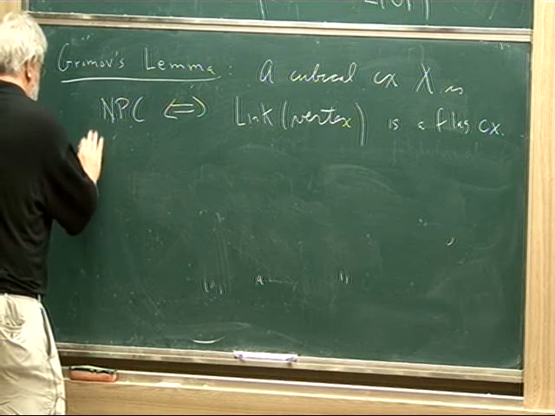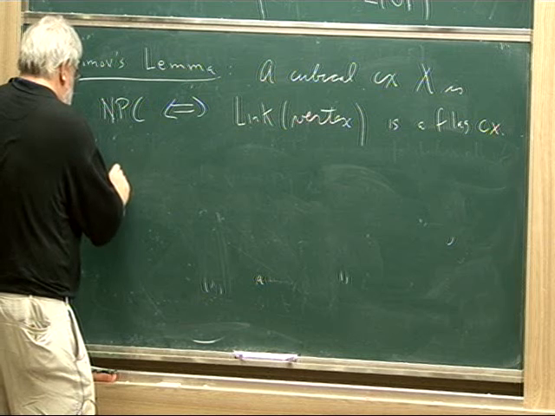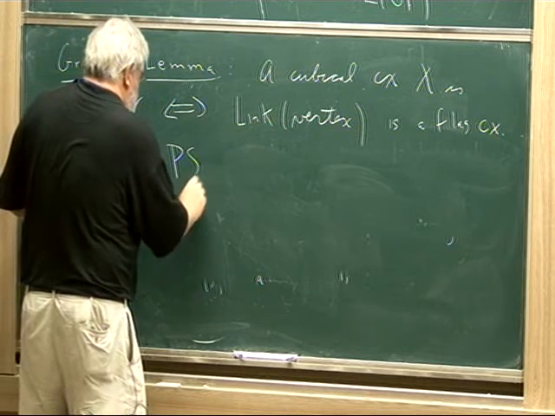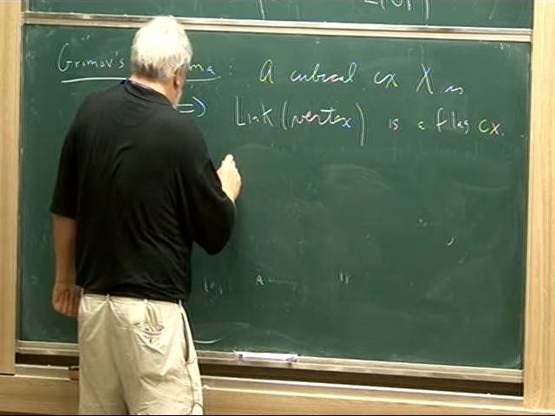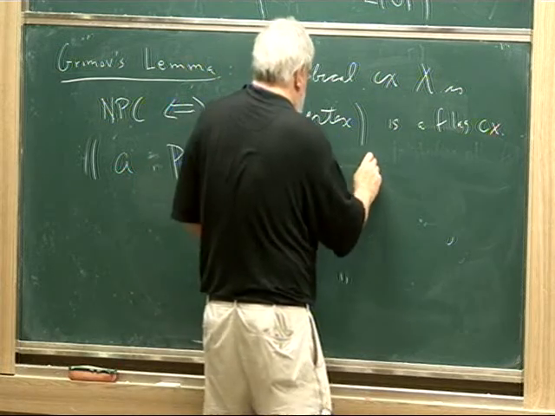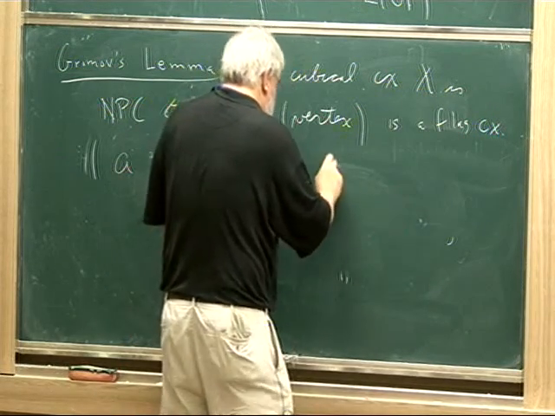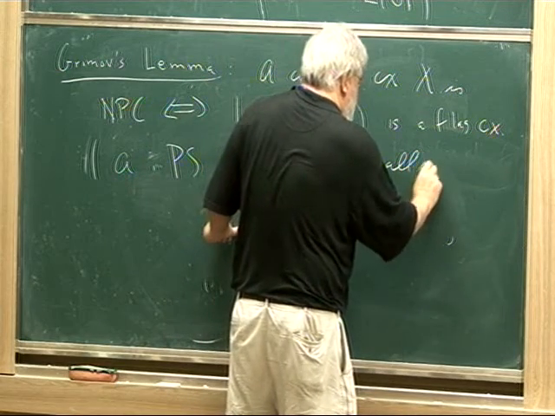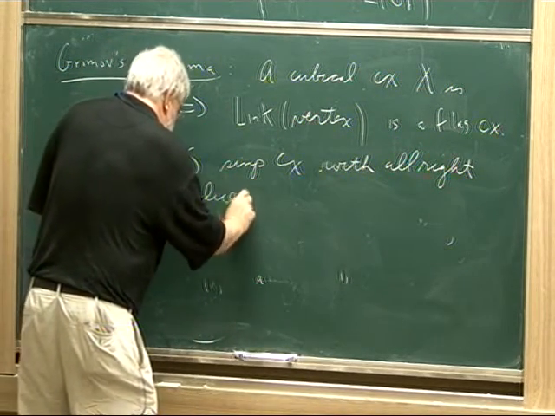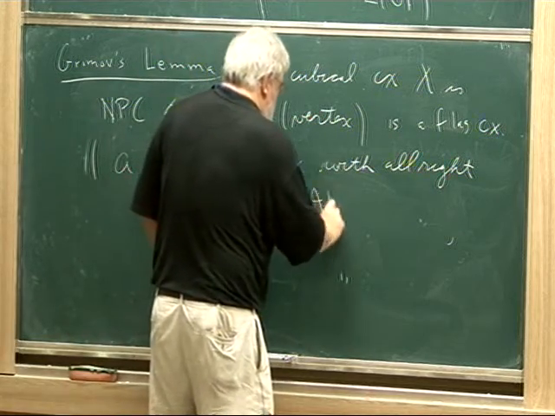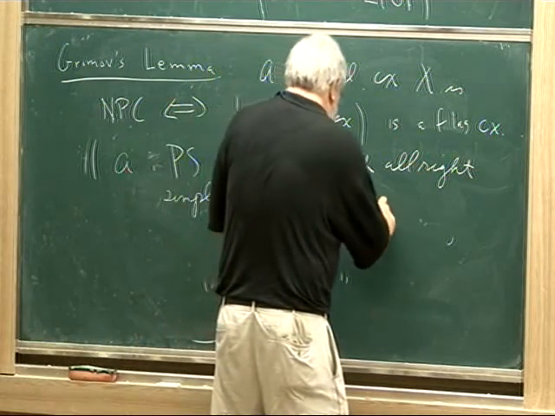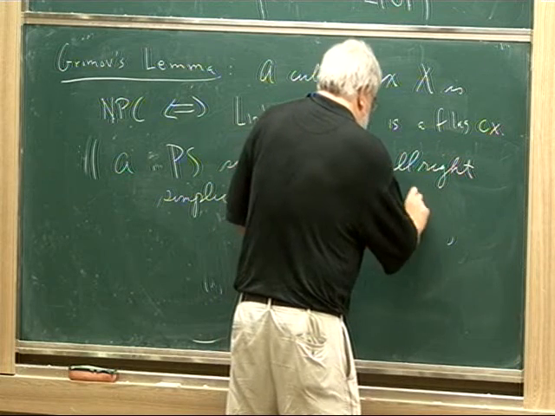Actually, another way to state this is that a piecewise spherical (PS) simplicial complex with all right simplices, meaning all the angles are right angles, is CAT(1), meaning that it satisfies these comparison conditions with respect to the 2-sphere, if and only if it is a flat complex.